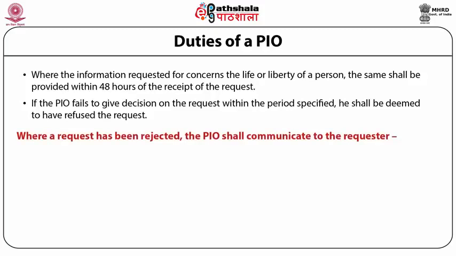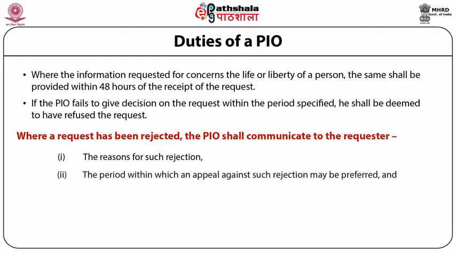Where a request has been rejected or refused, the public information officer shall communicate to the requester three things, which include the reason for such rejection, the period within which an appeal against such rejection may be preferred, and thirdly, the particulars of the appellate authority to whom the next appeal can be made.